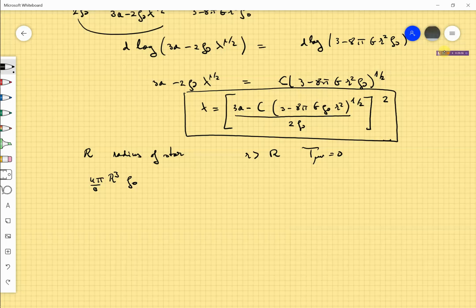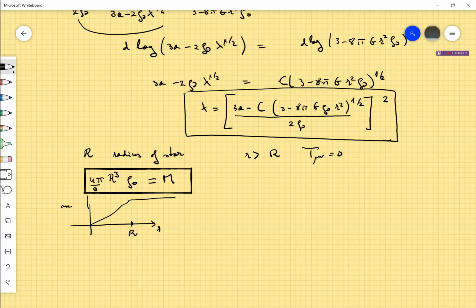The mass function will be some increasing function. It grows with the cube of the radius, but at r equal to capital R it doesn't grow anymore, and it is constant, and this constant is M, the total mass of the star.